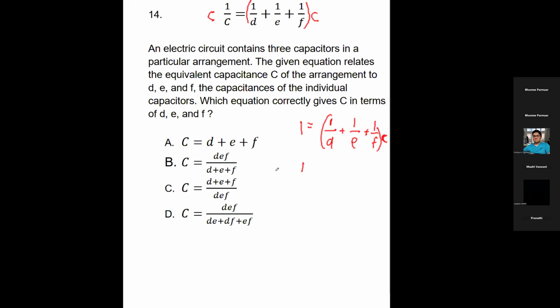So 1 over D plus 1 over E plus 1 over F equals C.